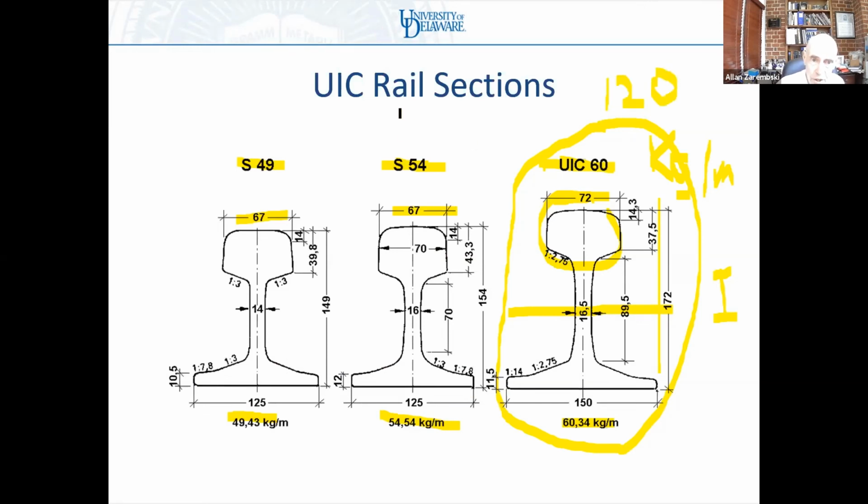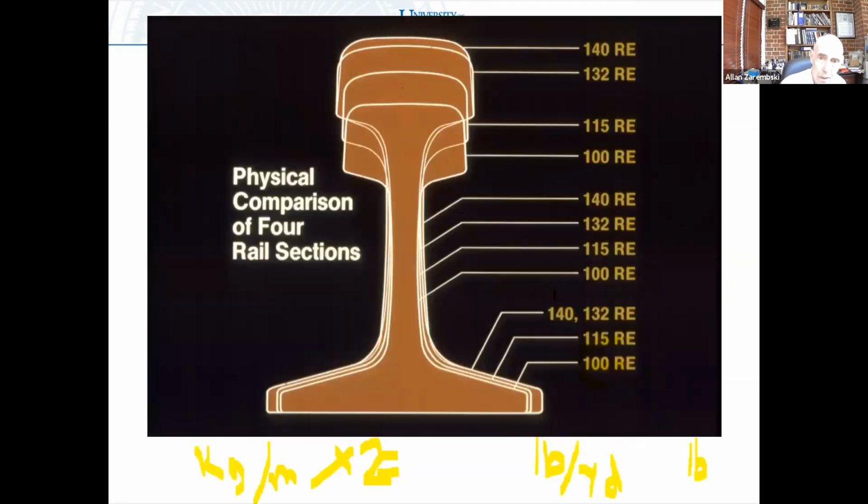A 54 kilogram per meter rail is equivalent to 108 pounds per yard. So 140 RE rail would be about 70 kilograms per meter. 132 RE rail would be 66 kilograms per meter. 100 RE rail would be 50 kilograms per meter.